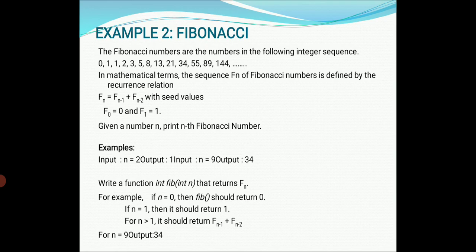If n is equal to 0, the fib function should return 0. If n is equal to 1, it should return 1. For n greater than 1, it should return F(n minus 1) plus F(n minus 2). For example, n is equal to 9, the output is 34.